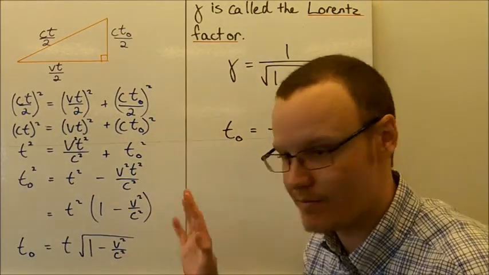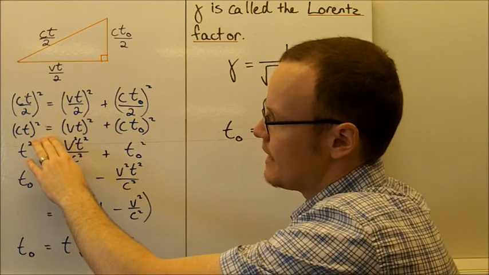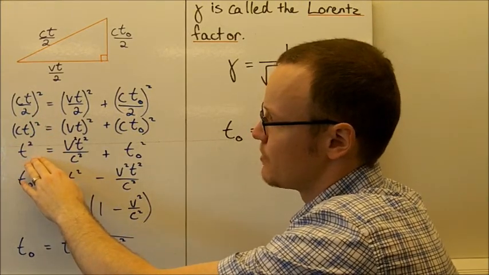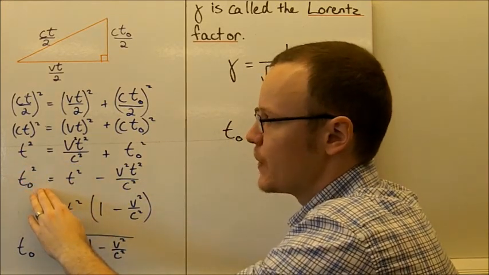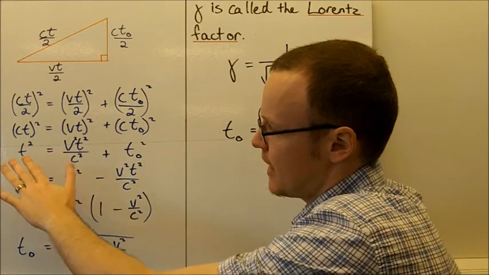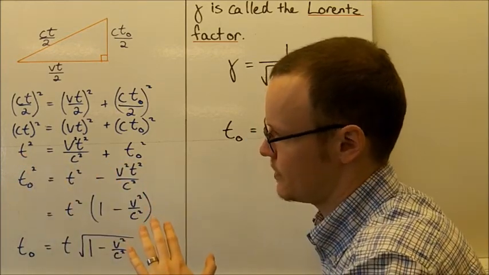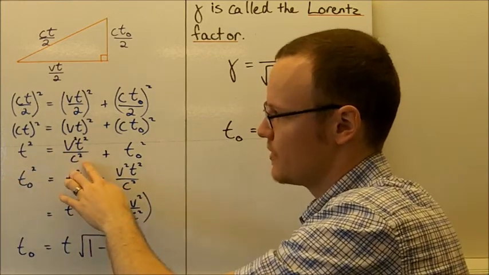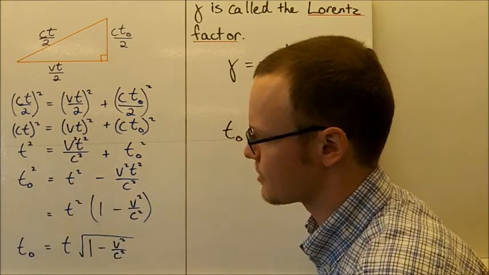And we can do some very simple algebra on it. Here, multiplying every term by 4. Here we have divided every term by c squared. Then here we have subtracted v squared t squared over c squared from both sides and rearranged it slightly.